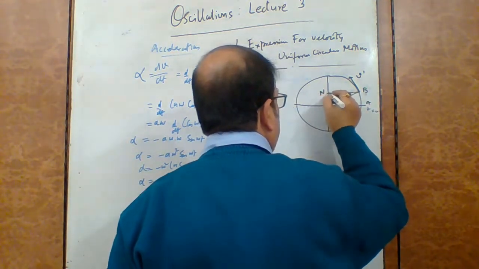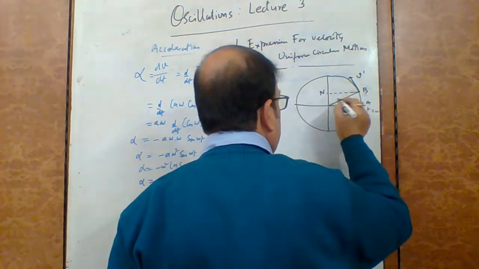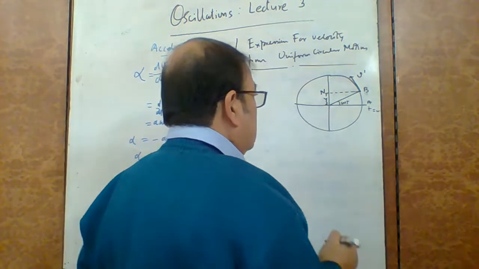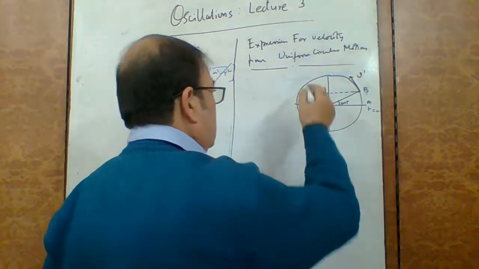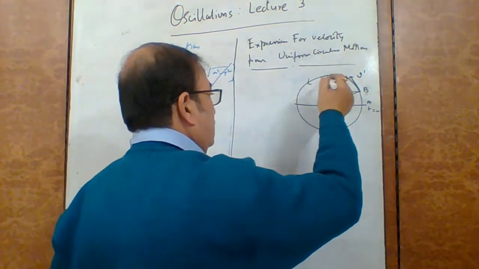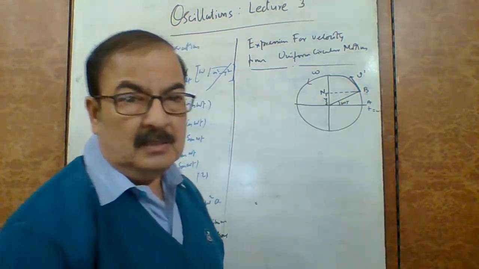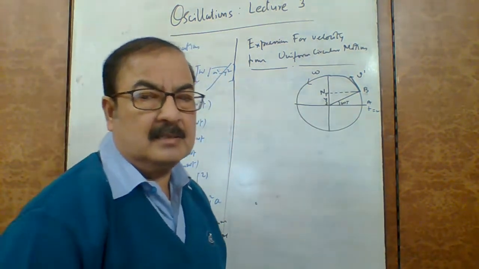And this is point N. This distance is Y. This is a general case and it is still moving with a constant angular velocity omega. This is the general circular case.